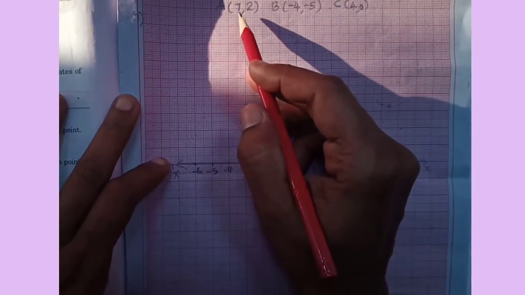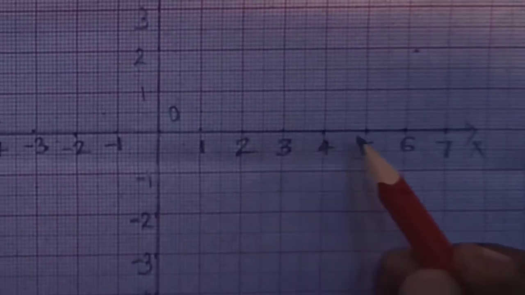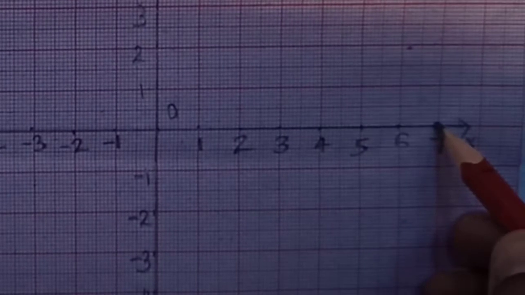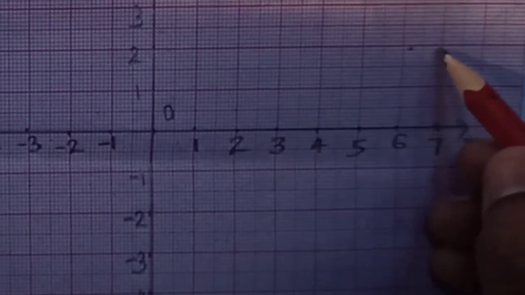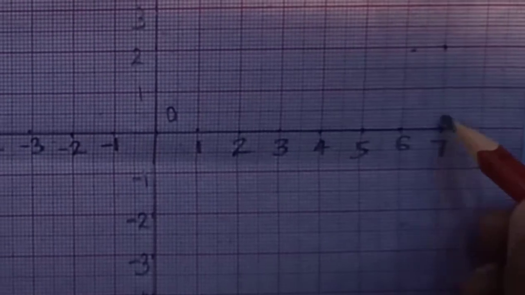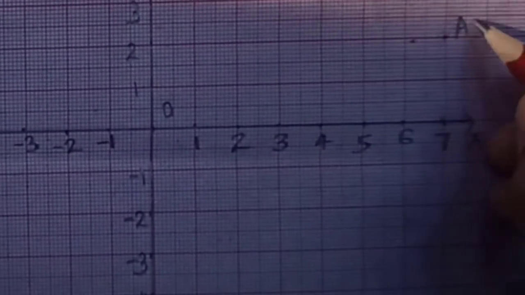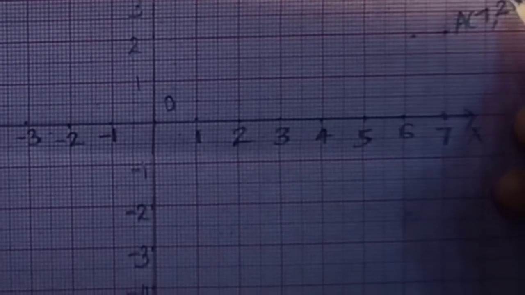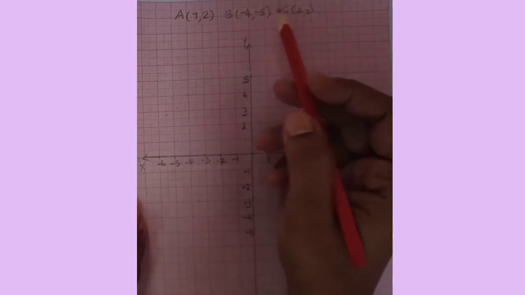Plot the first point, A (7, 2). The x value is 7 and the y value is 2. So on the x-axis 7 and the y-axis 2, the meeting point is A (7, 2). Next, plot the point (-4, -5).